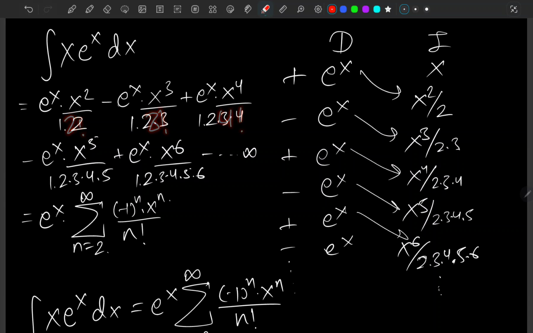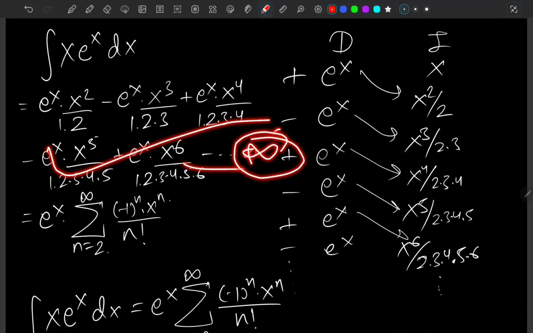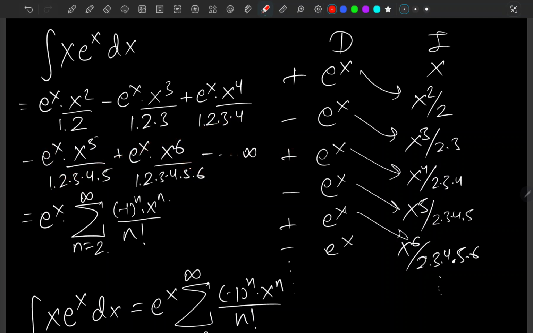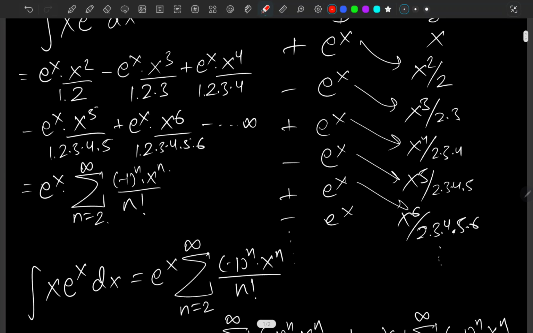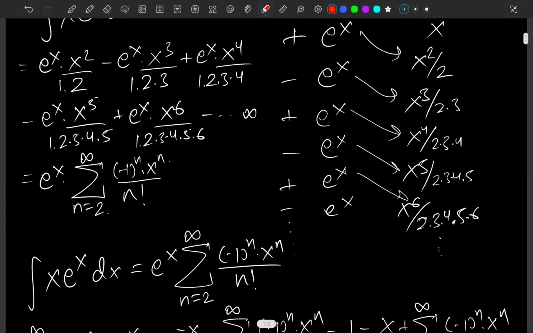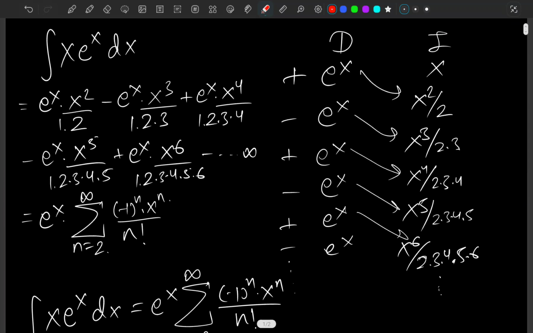And then minus e to the x times x cubed over 1 times 2 times 3, and I've written all the terms up to infinity, right? Well, I cannot write that down up to infinity, but I've just expressed it. Okay, so what I'm trying to say is the odd power of x has a negative in front.